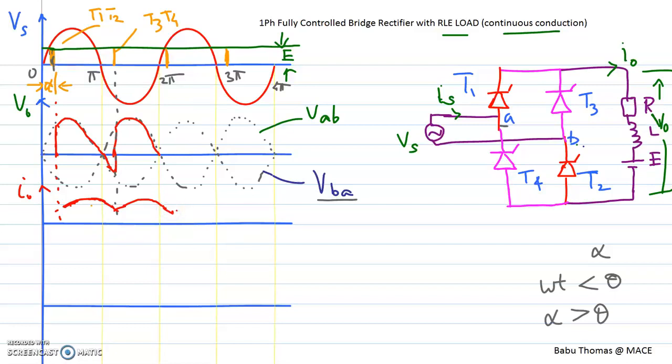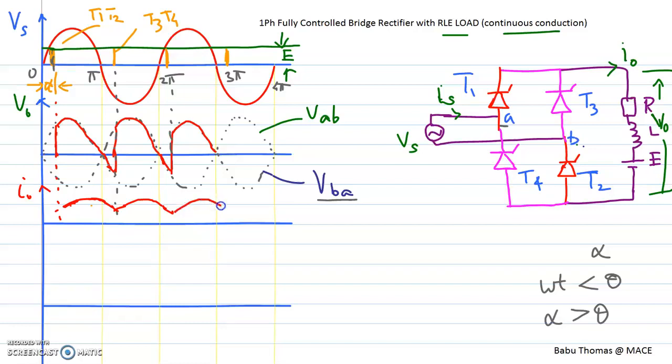Again your output voltage V0 will be following the negative half cycle of the waveform of VBA, and again you are firing a thyristor at 2 pi plus alpha, where your thyristors T1 and T2 are forward biased, and therefore your output voltage will be like this.